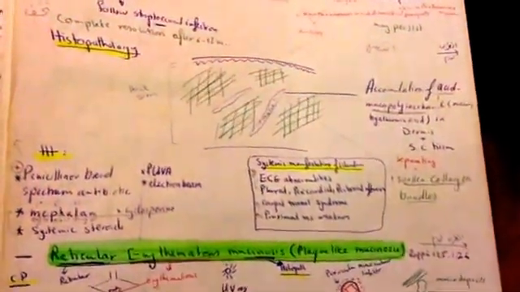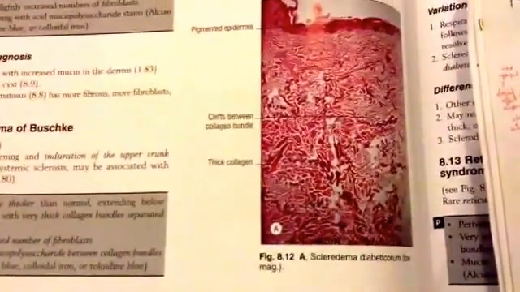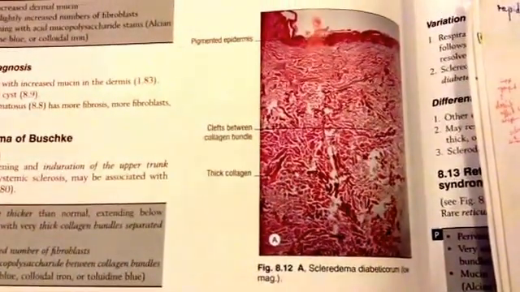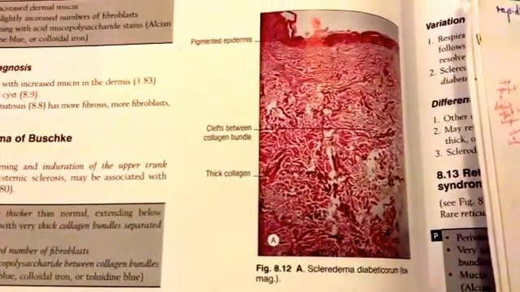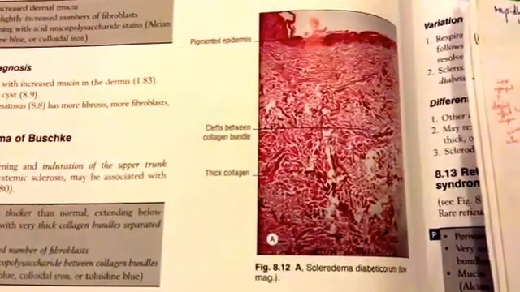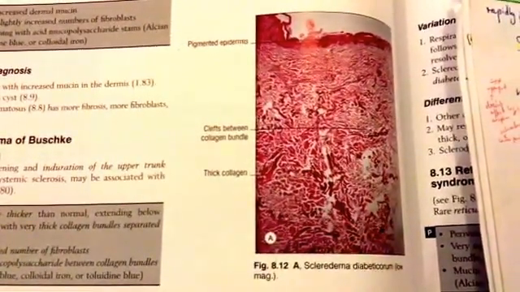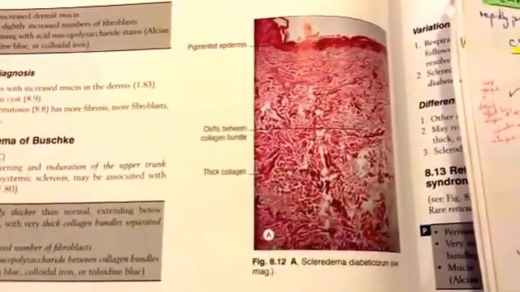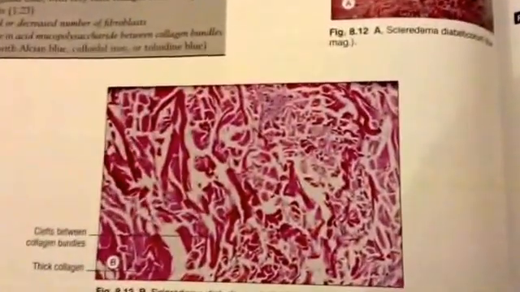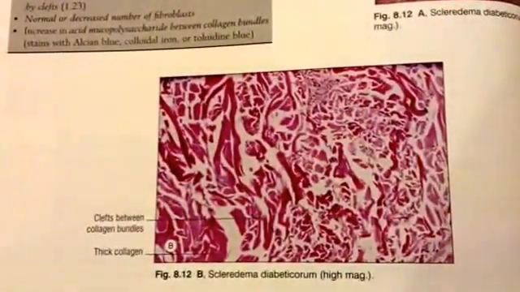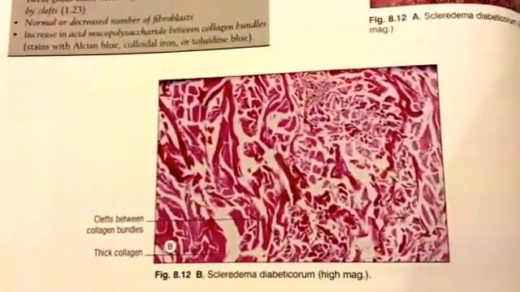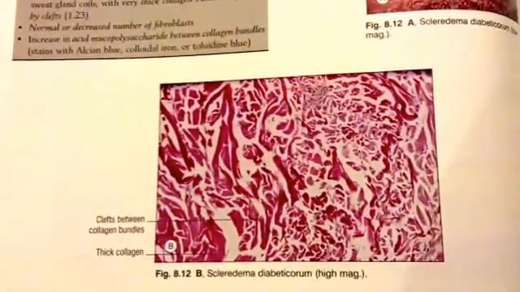collagen bundles. You can see here scleroderma adultorum at low magnification: thick collagen and clefts between collagen bundles, pigmented epidermis. And here we can see the high magnification, the thick collagen and clefts between collagen bundles.